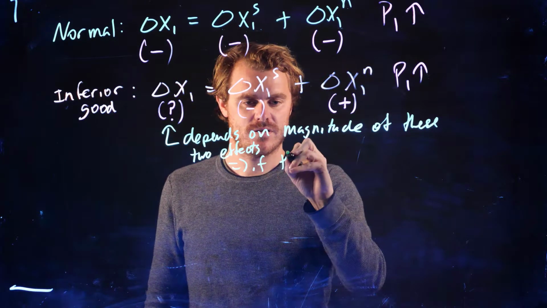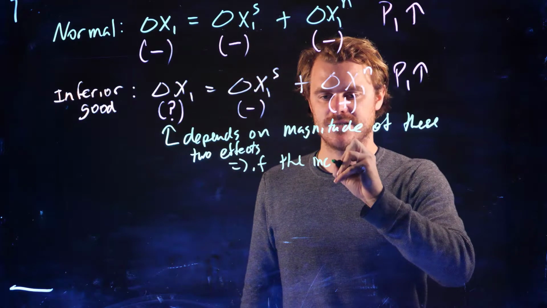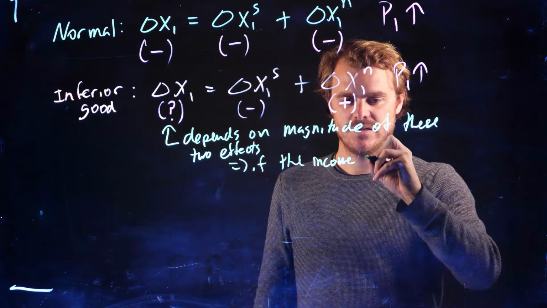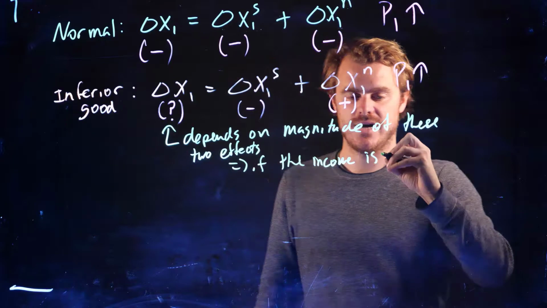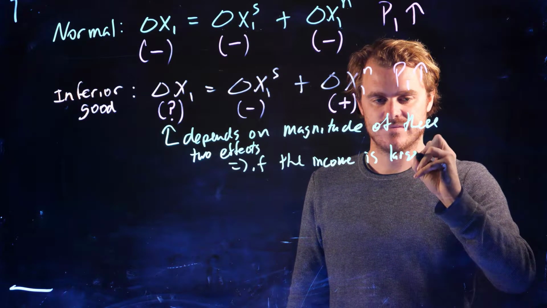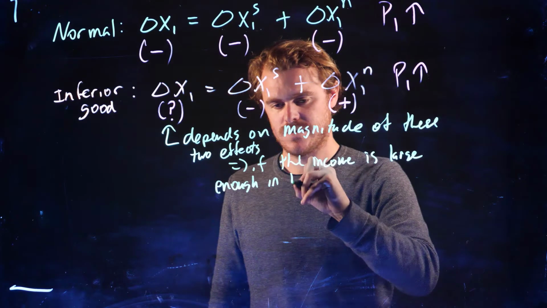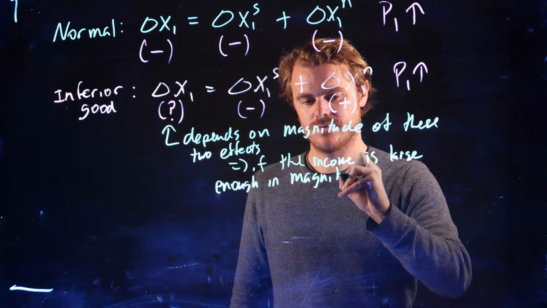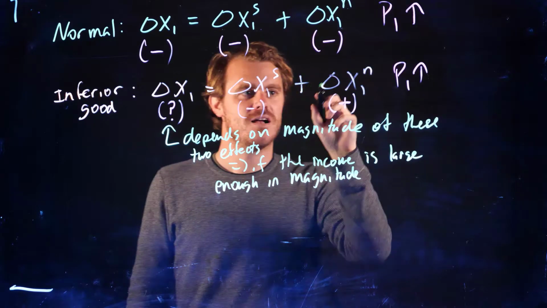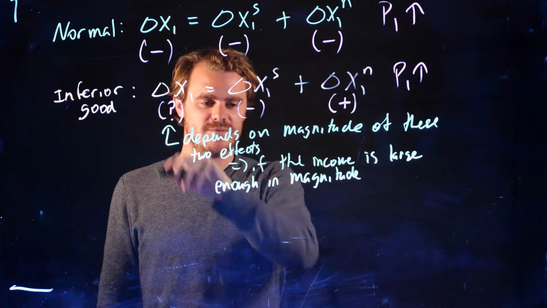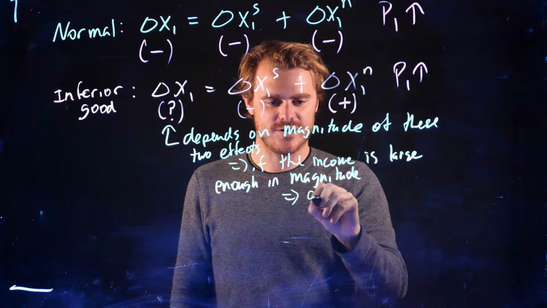If the income effect is large enough in magnitude, then this whole effect is going to be positive. Then we're going to get a Giffen good.